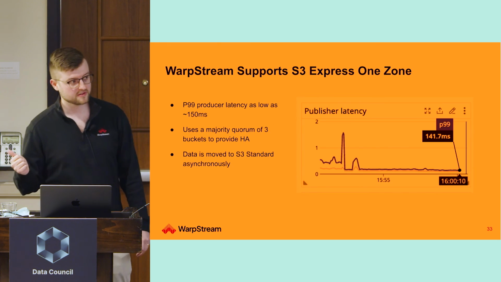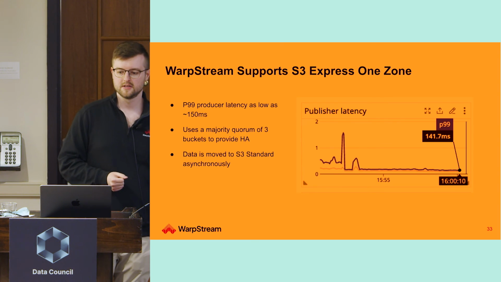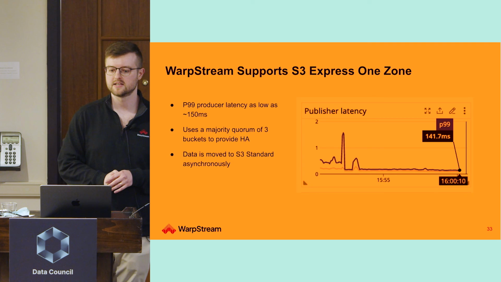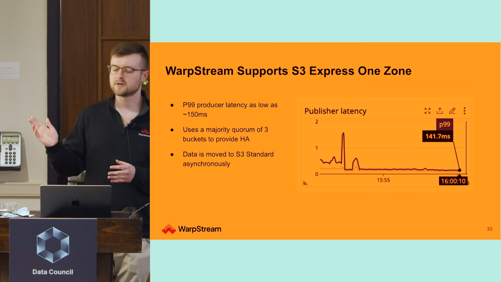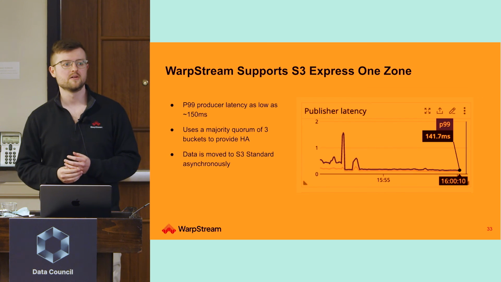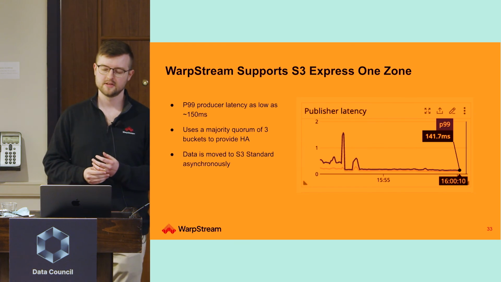But if you do want lower latency, WarpStream supports S3 Express One Zone, which is essentially a tier of object storage that's backed by much faster, probably SSDs inside Amazon. And as the name implies, S3 Express One Zone is a zonal service. So what we do to provide regional high availability is we write to a quorum of 2 out of 3 of those S3 Express One Zone buckets.